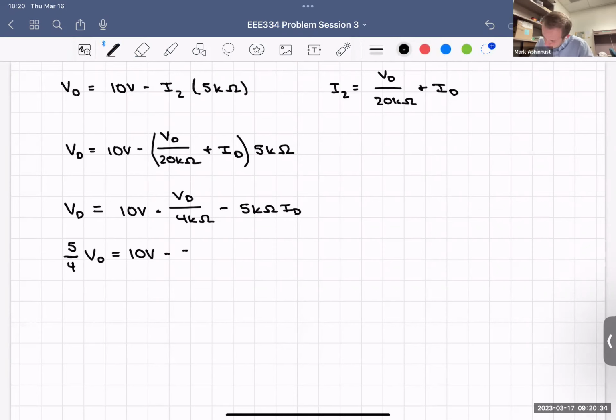So we have minus 5 kilo ohms ID. And then we can take that 5/4, multiply by 4, divide by 5, and we get VD equal to 8 volts minus 4 kilo ohms times ID.